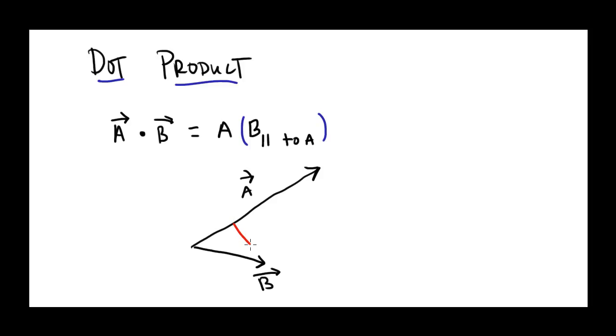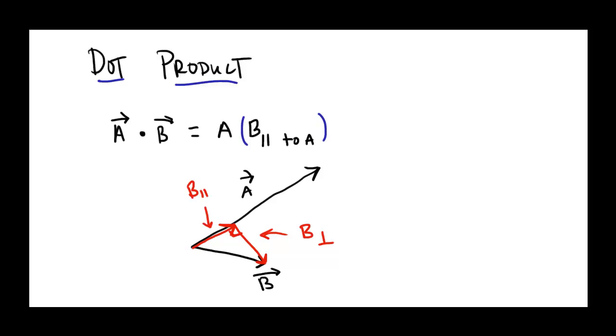This would be the component of B that's perpendicular to A. That's B perpendicular. And this right here is B parallel to A. There's a right angle here. If I combine B parallel and B perpendicular, I get B. So these are the components of B.